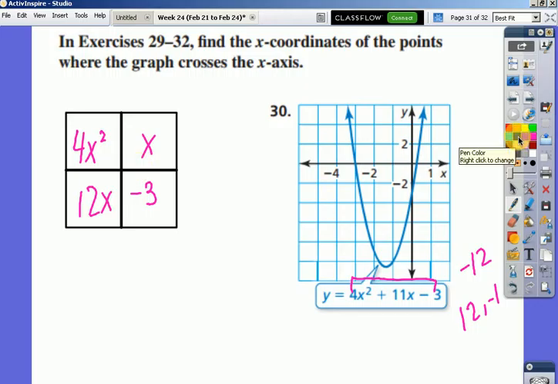Okay, first row, what can I factor out? An x. Second row, what can I factor out? A 3, yes. So an x, I have a 3. First column, 4x. Second column, 1.